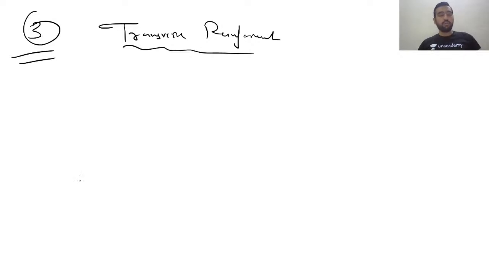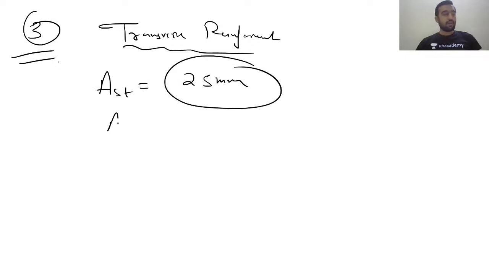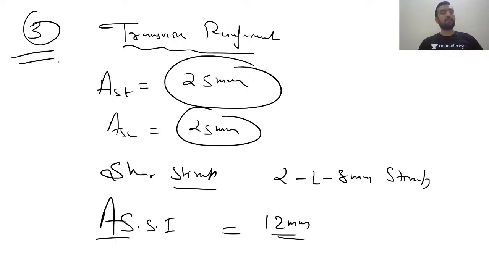So in order to make this uniform, okay, I'm fixing the things for you guys. Tension reinforcement you are providing 25 mm, compression you are also providing 25 mm. So the shear stirrups answer will be uniform.